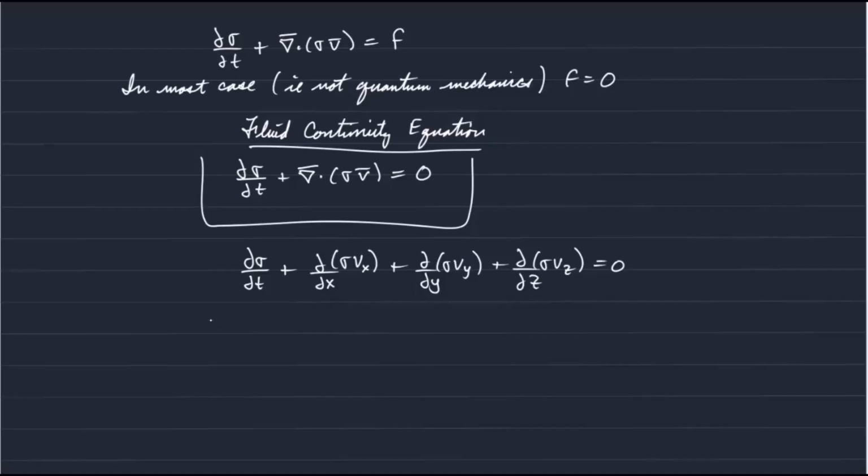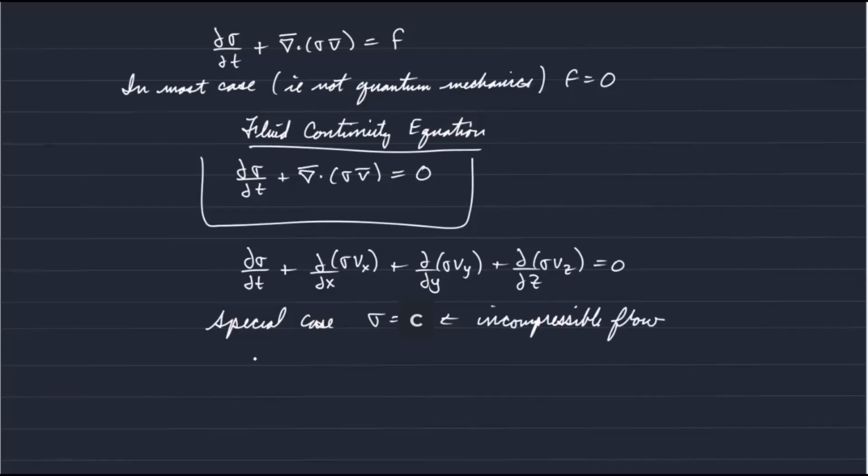There's a special case that's often encountered, and that occurs when sigma, the density, is equal to a constant. So this is described as incompressible flow. And in that case, the partial d sigma dt is equal to 0.